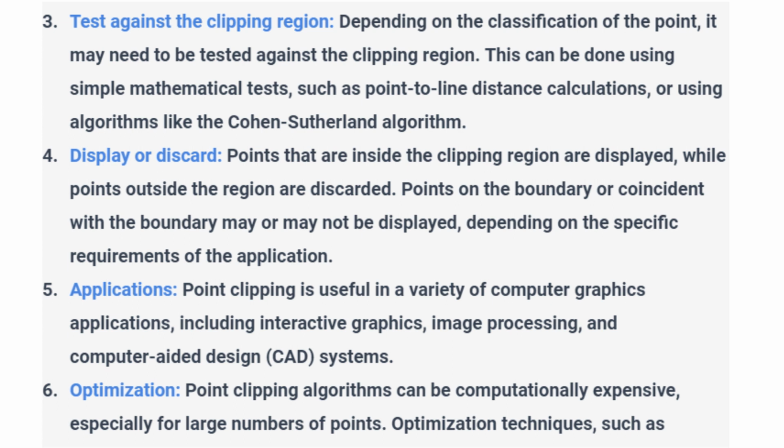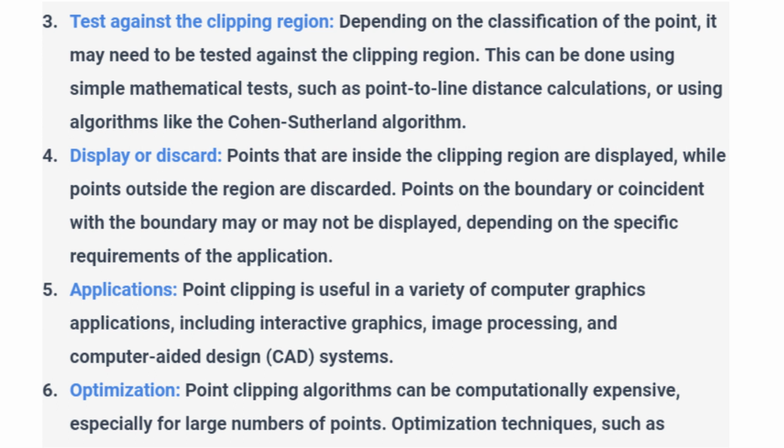Display or discard. Points that are inside the clipping region are displayed, while points outside the region are discarded. Points on the boundary or coincident with the boundary may or may not be displayed, depending on the specific requirements of the application.